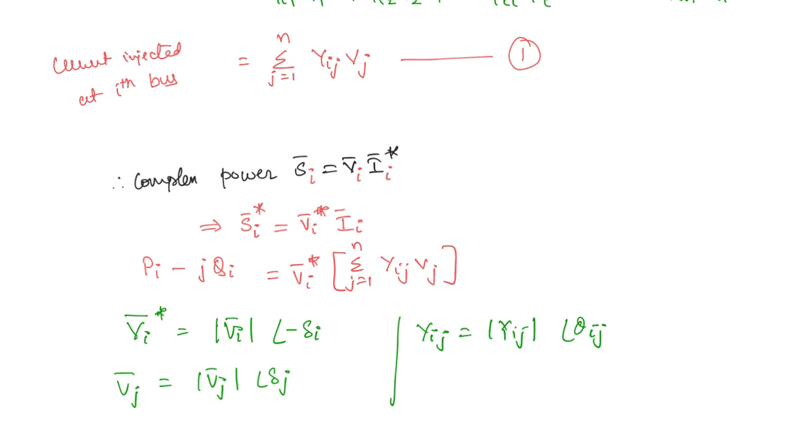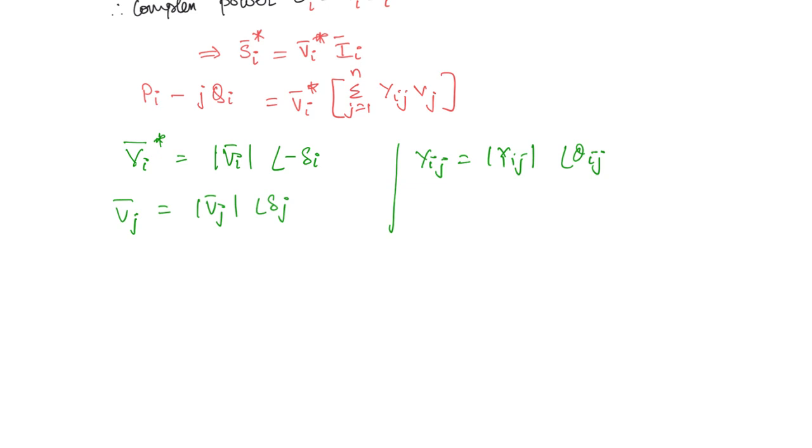Okay, so now if you substitute these values and you equate the real and imaginary parts, then you're going to get the expression for the active power injected and the reactive power injected at the ith bus. So I'm going to write the final expressions here.